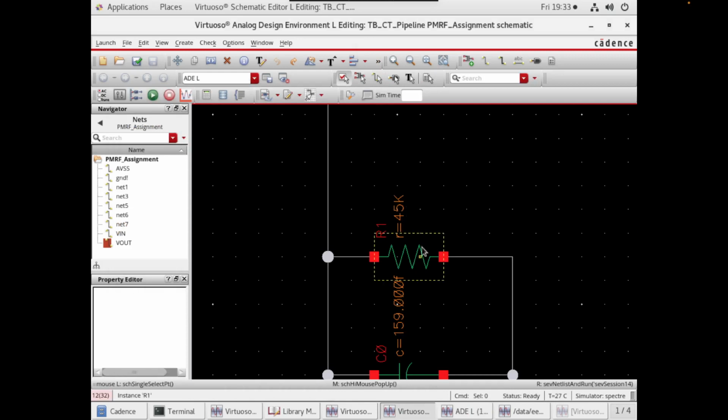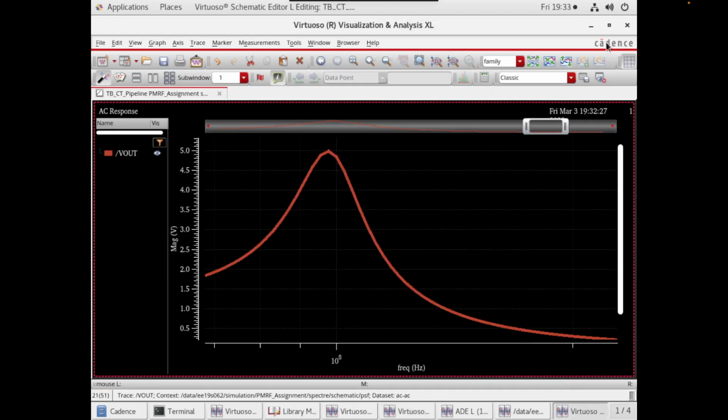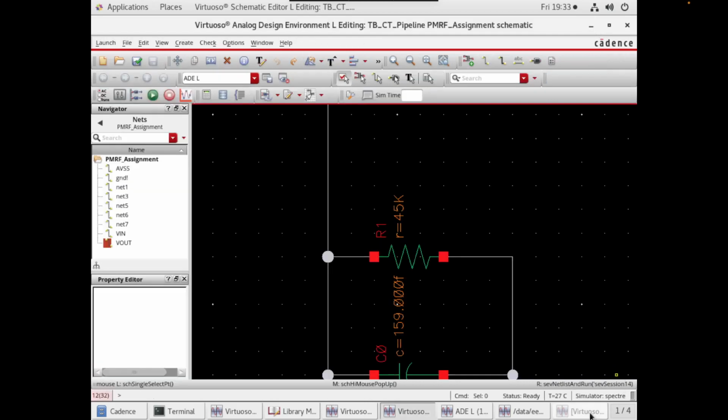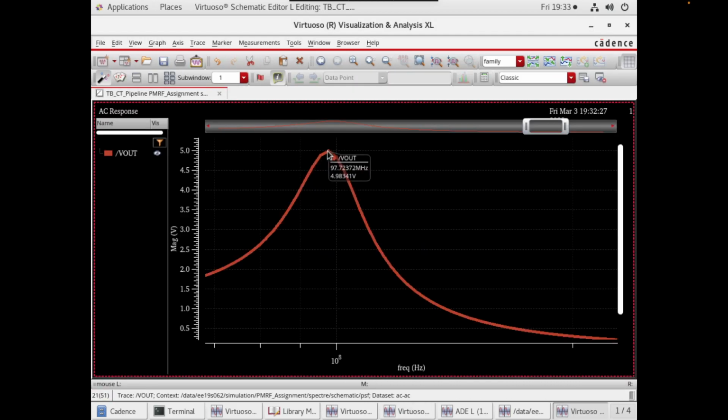Had it been ideal op amps with infinite bandwidth, we would have got a quality factor of 4.5. But since we wanted a quality factor of 5 with the bandwidth that we calculated, in this case we used 45 kilo ohms, and still we got a quality factor of 5. Is this clear to you? Yes, sir. Continue.